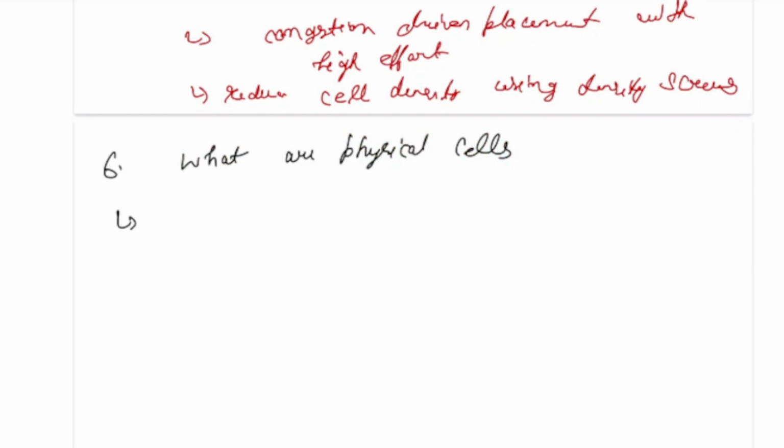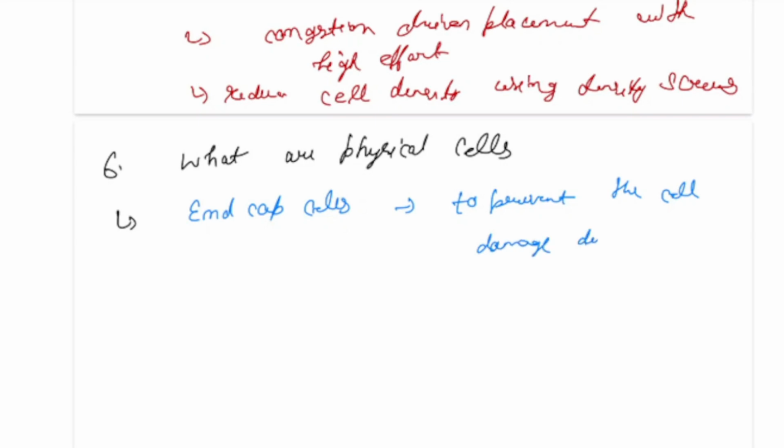Now the next question is, what are the physical cells? Physical cells in VLSI don't have any logical functionality and are used for special purposes. First we have the end cap cell, used to prevent cell damage during fabrication.